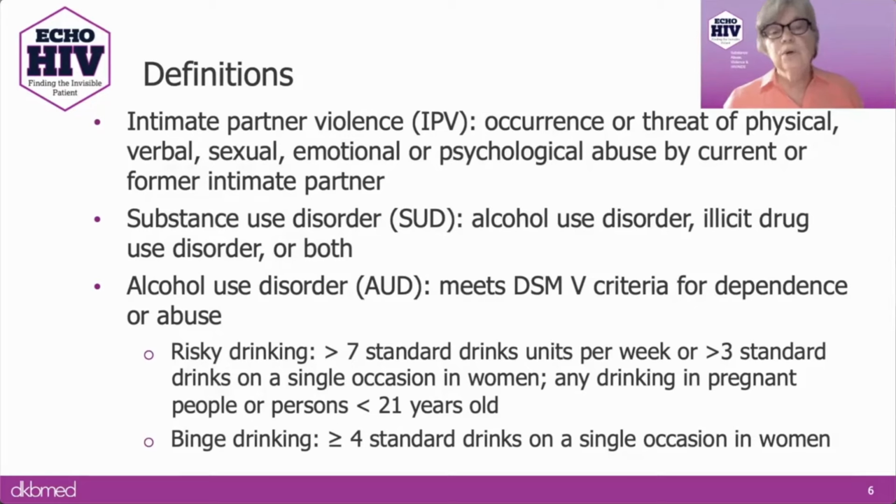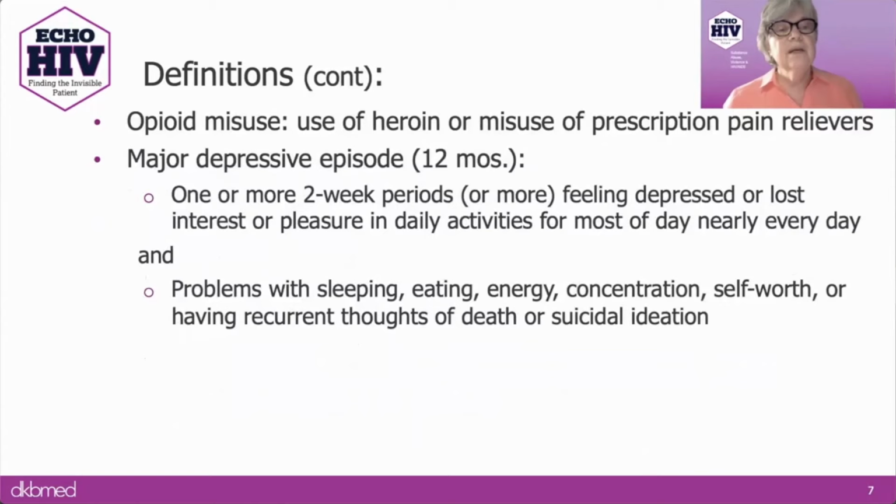Substance use disorders include both alcohol use and illicit drug use disorders. And opioid misuse includes both the use of illicit drugs such as heroin and the misuse of prescription pain relievers.